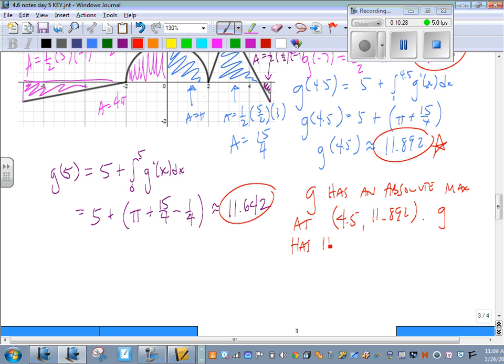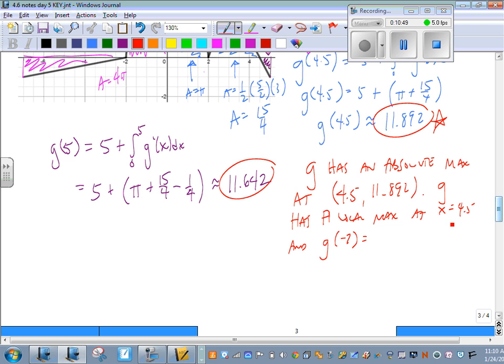G has a local max at x equals 4.5, and G of -7 equals 4.358, and G of 5 equals 11.642. So our local max must be the absolute max as well.